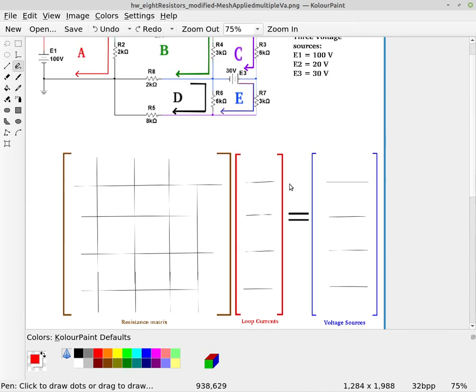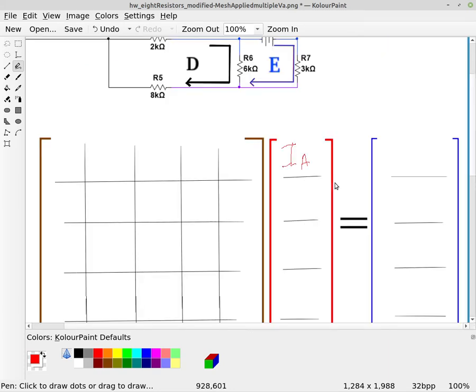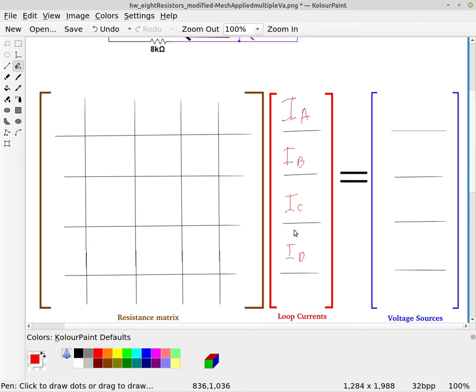Now our loop currents, we have 5 loops, so we're going to have a loop current IA, and a loop current IB, loop current IC, and a loop current ID, and of course a loop current IE. So those are our loop currents.